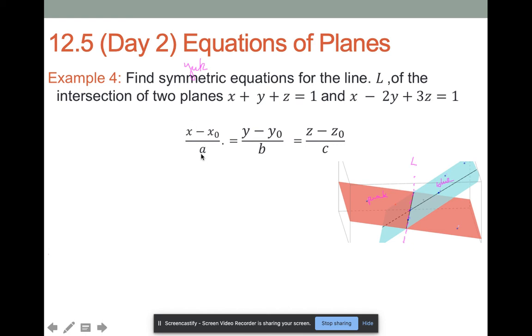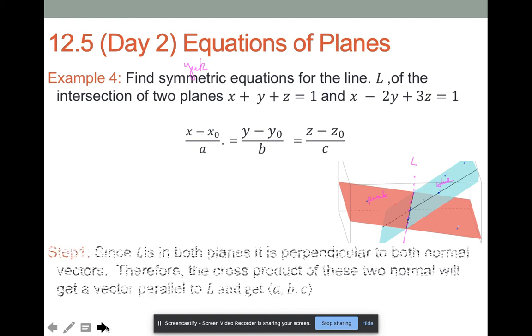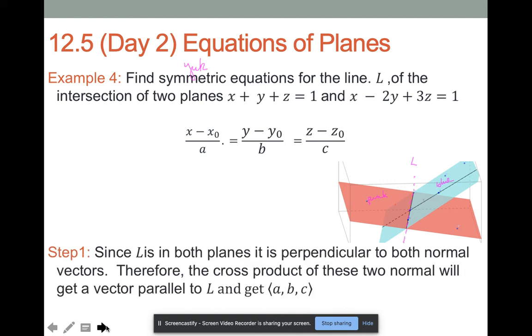But remember, A, B, and C are the components of the normal to line L. Since L is in both planes, it is perpendicular to both normal vectors. Does that make sense? Think if that makes sense.